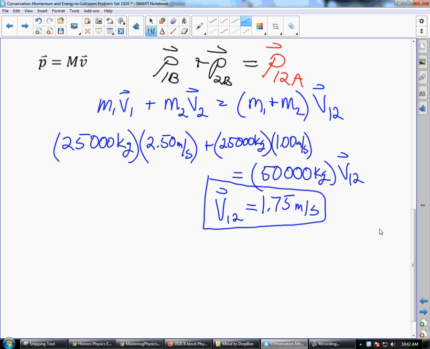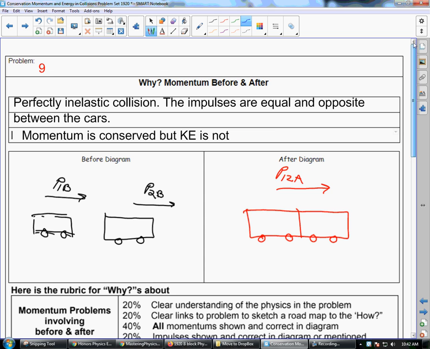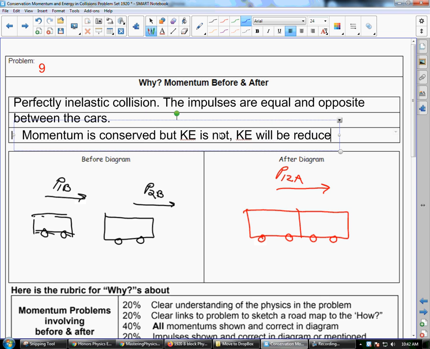Then I need to go back up here. Oh, I said, but kinetic energy is not. I'm going to predict the KE will be reduced.